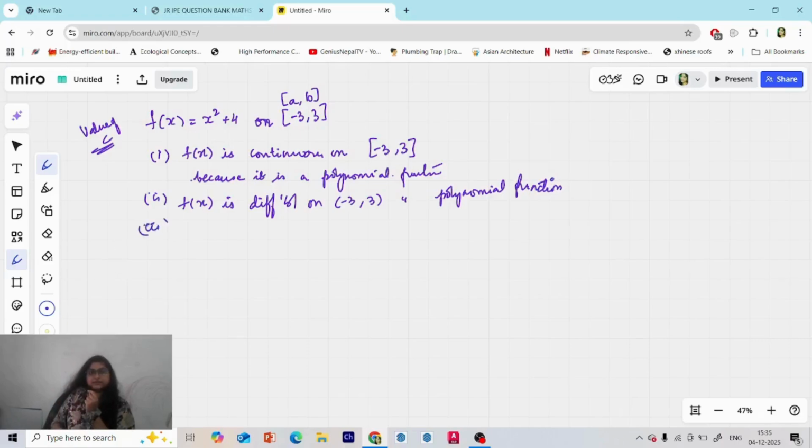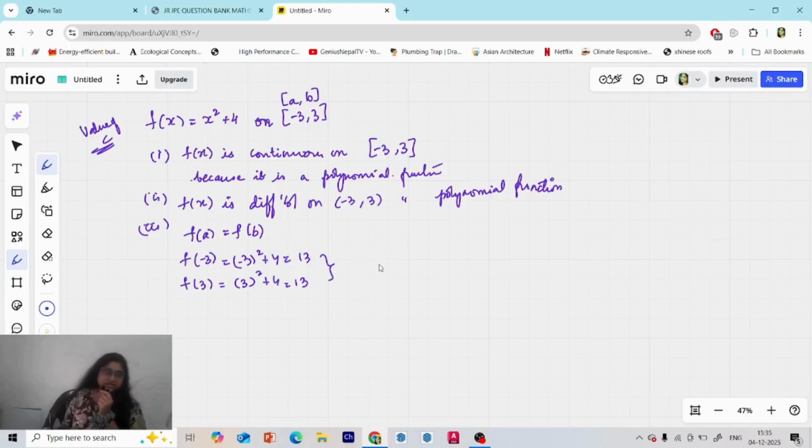Third, is f of a equal to f of b? Let's check. F of minus 3 is equal to minus 3 square plus 4. F of 3 is equal to 3 square plus 4. You can see that the answer for both is 13, and both of them are equal.